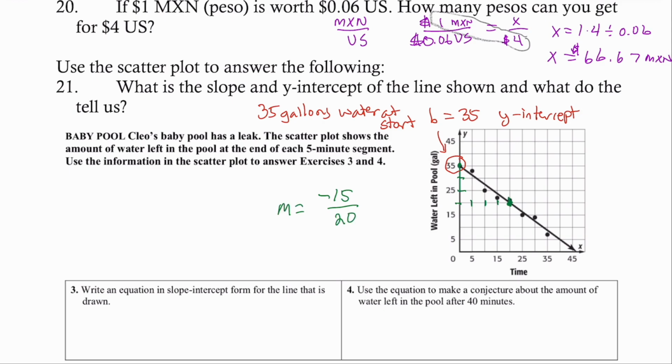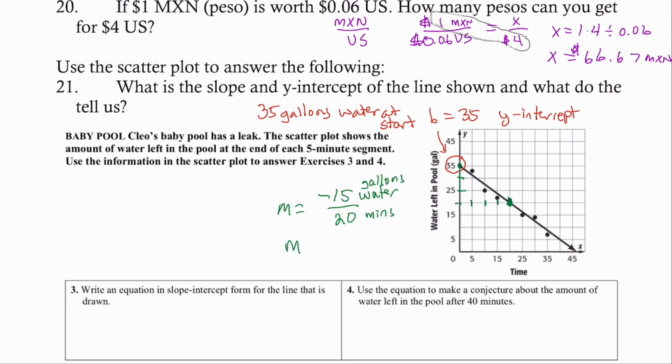So if we think about what that tells us, the y value is the water, the x value is time. See how we got water, time. So we are losing 15 gallons every 20 minutes. Now you can reduce that down.